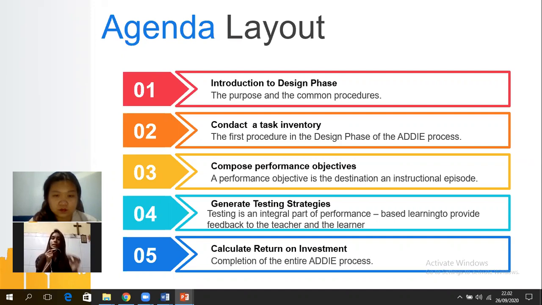The third one is compose performance objectives. It's another procedure, like the second procedure of design phase. The fourth one is generate the testing strategies. And the last procedure of design phase is calculate return on investment.